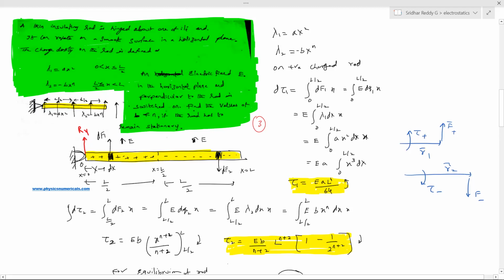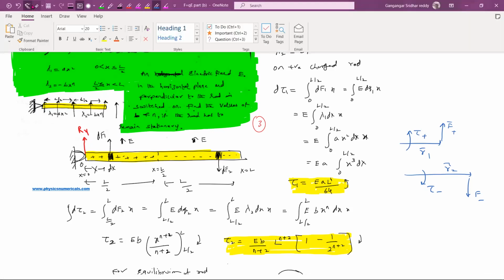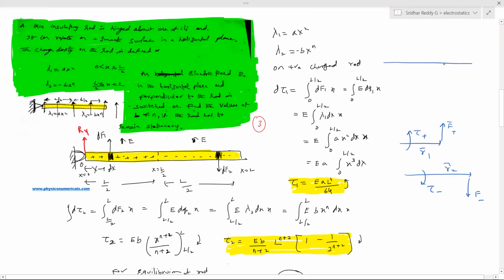So let me assume a small element of length dx. Then the torque on this will be dF2 into x. Let it be x only. Please notice the limits. It's very important. I assumed a small element of length dx.